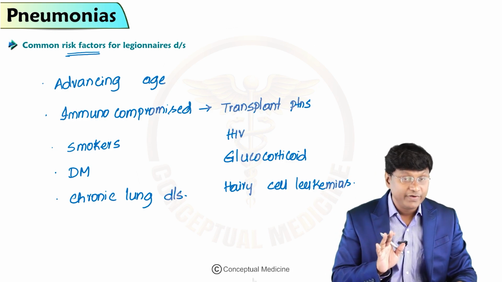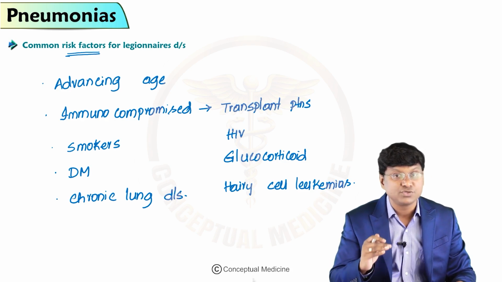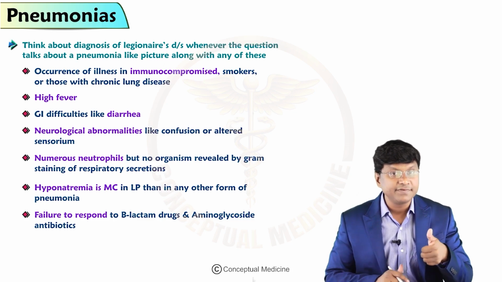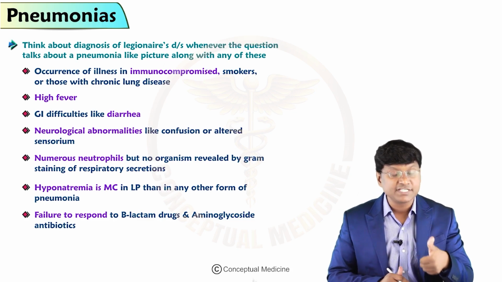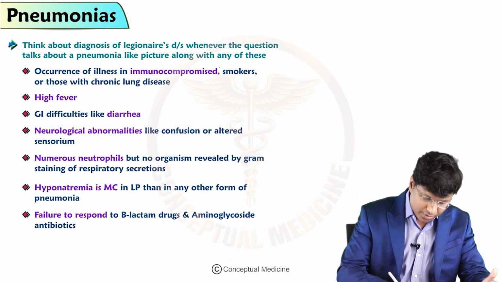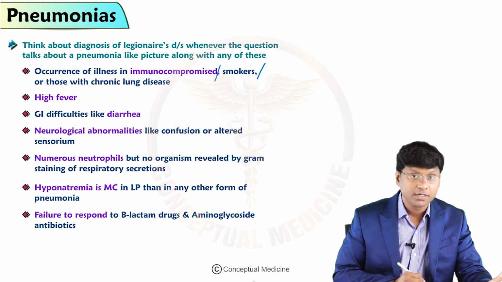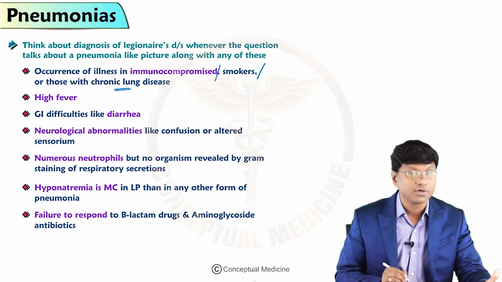Now, when do you have to think of Legionella disease? If the following features are there. For example, if the individual is having risk factors like immunocompromised state or smoking, or is at risk of chronic lung disease.